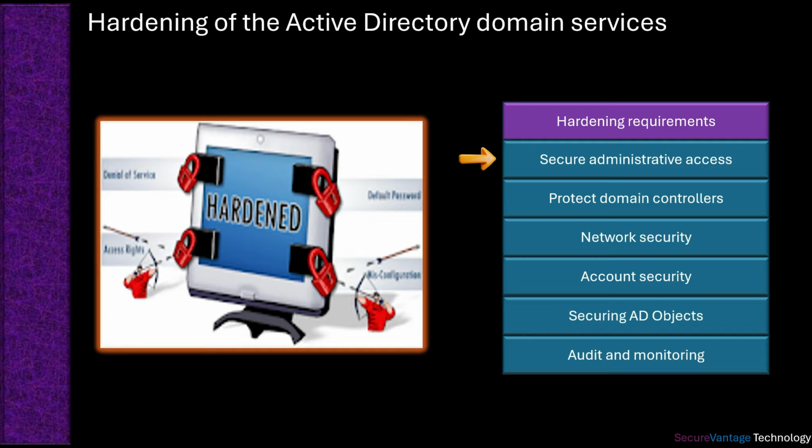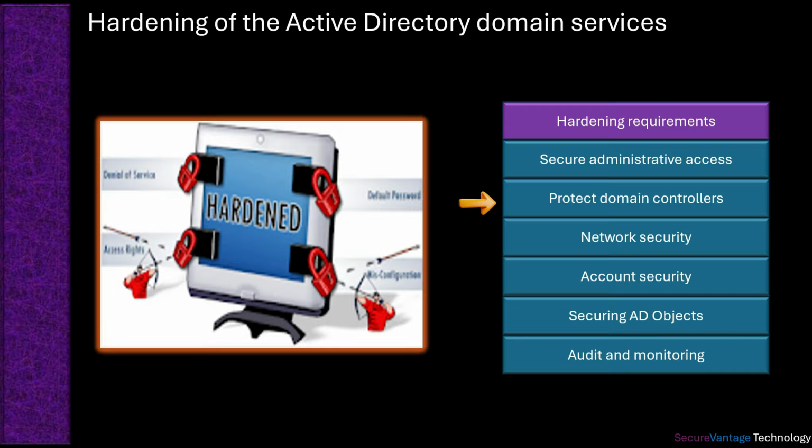You set up secure isolated machines for admin use only with strict access controls and monitoring. You use role-based access control, limit membership in high privilege groups, and regularly review group membership. And you also implement MFA using smart cards, hardware tokens, or mobile-based apps for all admin logins.